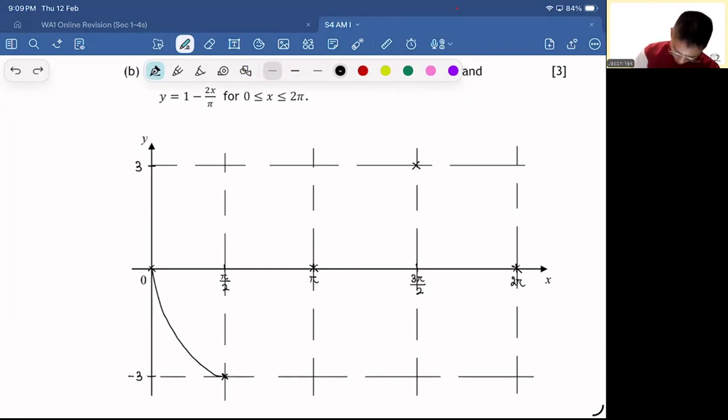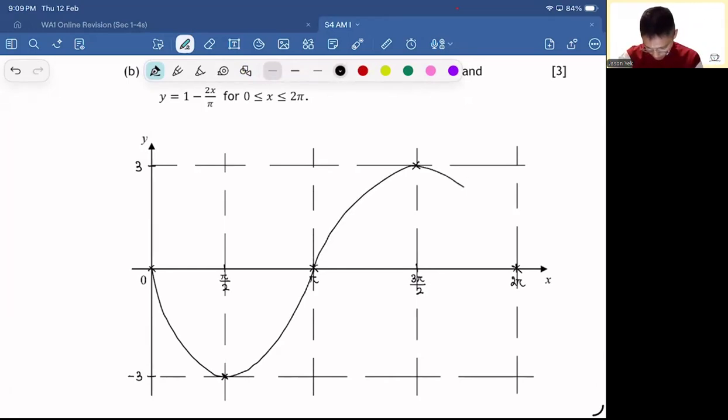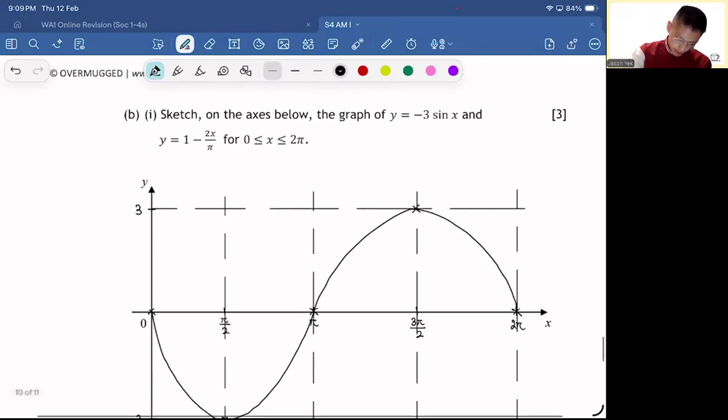Then up, and down. Then for this one, this is your negative 3 sine x.